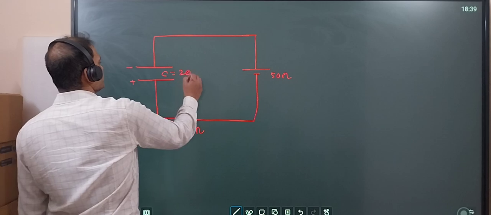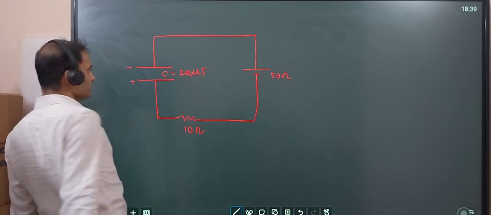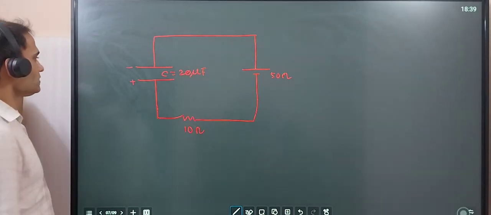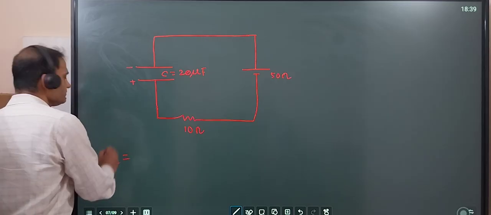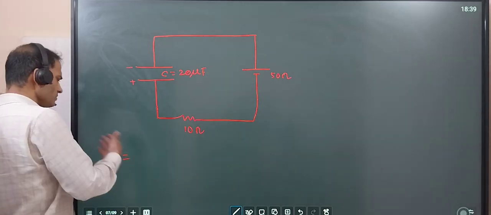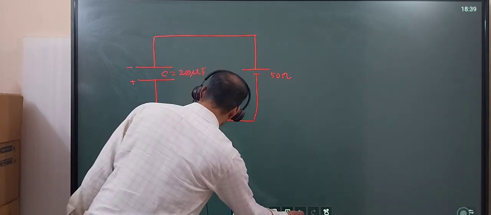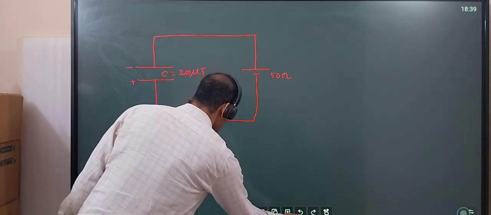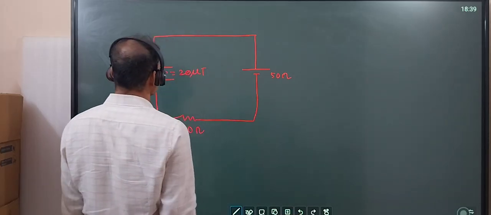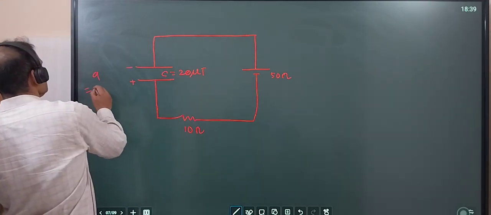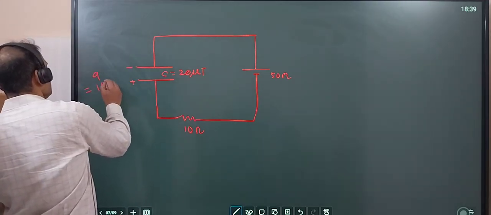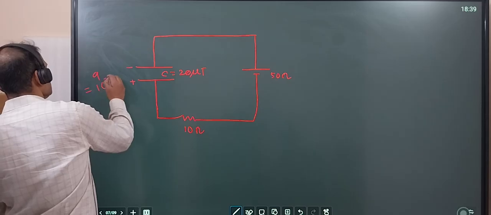C is 20 microfarad. Let us find Vc also. No need to find Vc, we can do it directly. This Q we found is 10 to the power minus 3 coulomb.